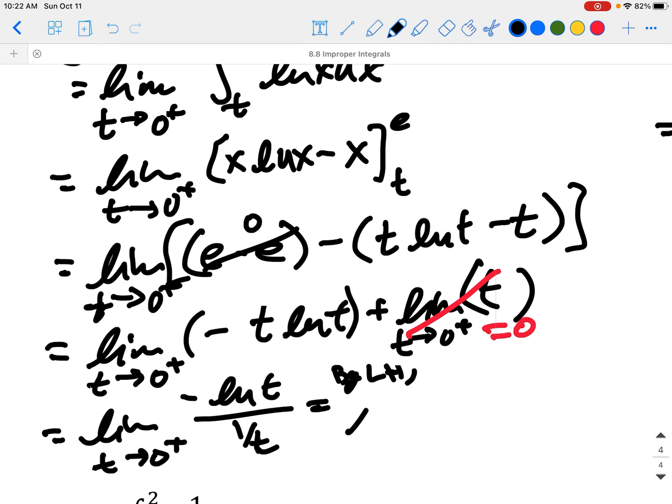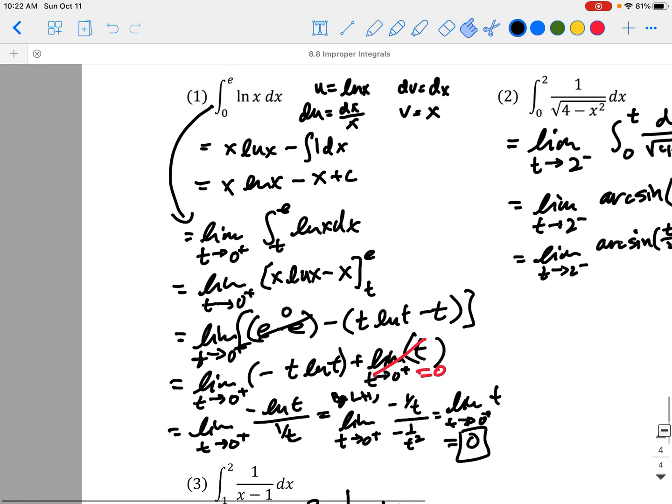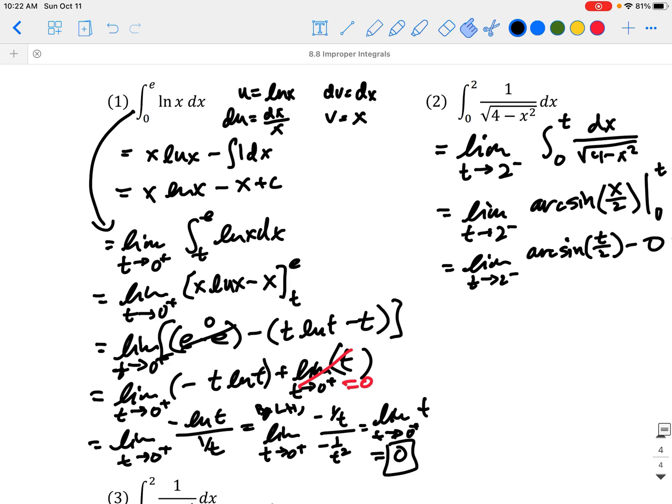And then by L'Hopital, we'll get the limit as t approaches 0 from the right of negative 1 over t over negative 1 over t squared, which is going to equal the limit as t approaches 0 from the right of just t, which equals 0. So this does converge. It does take a little bit extra work to get there. So the integral from 0 to e of ln of x dx is going to equal 0.